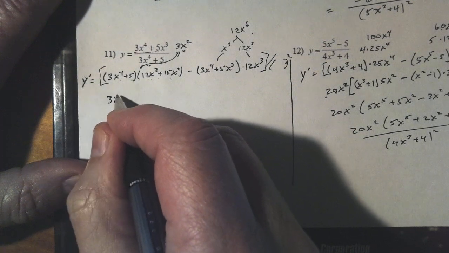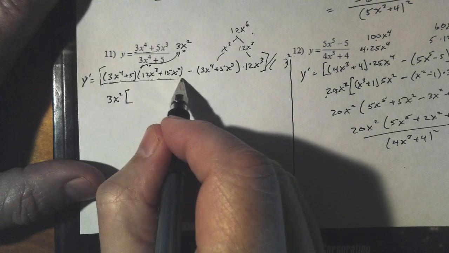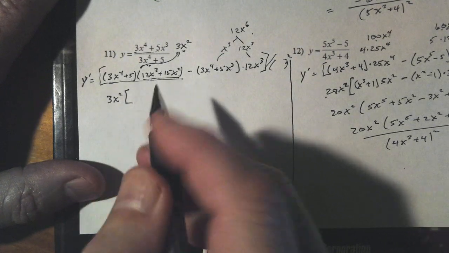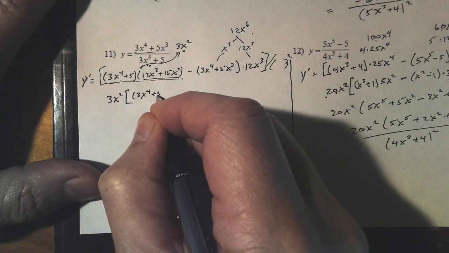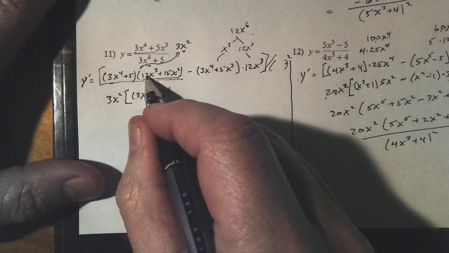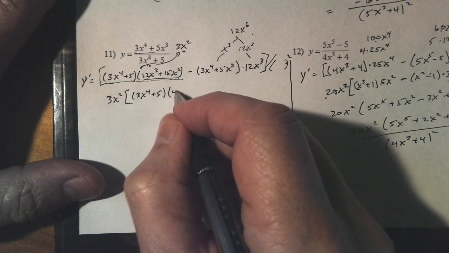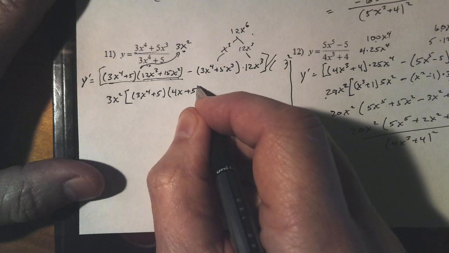So we get 3x squared. From this first term, if I factored out a 3x squared, it came from there. 3x to the 4th plus 5. Factor out 3x squared from here, and I've got 4x. 3x squared from here, I've got plus 5.